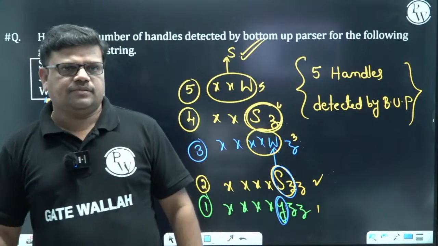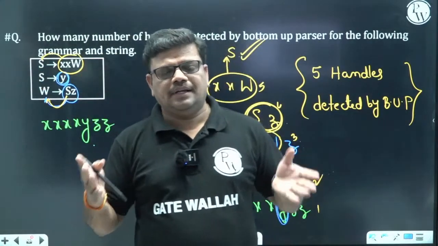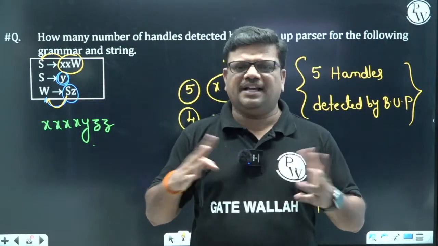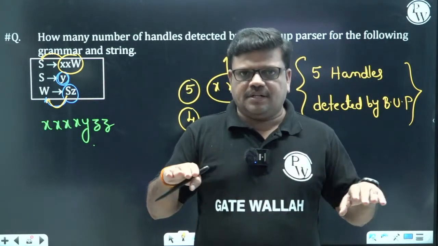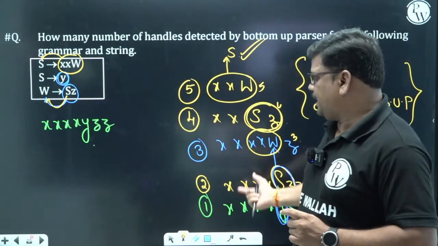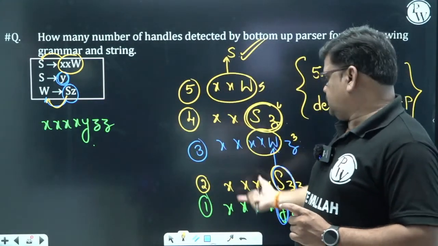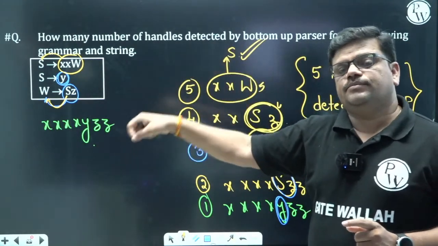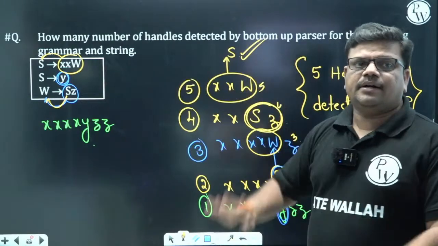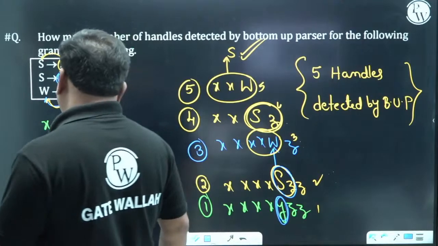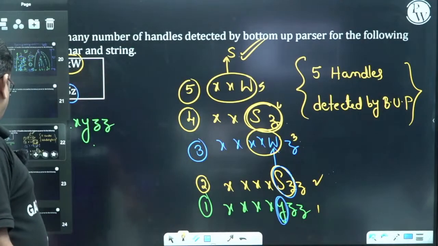Every bottom up parser does it in the same way. At every step it does string matching only, and these steps are called sentential forms. So at every step, match the substring with the grammar right side, and whichever matches is the handle; replace it by the corresponding non-terminal. This is the normal bottom up parsing one can perform.